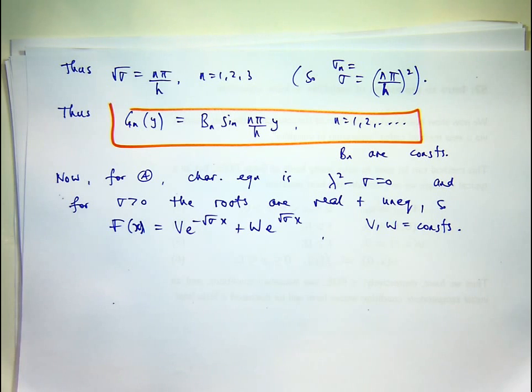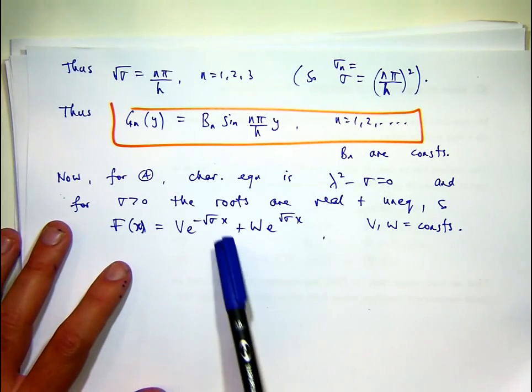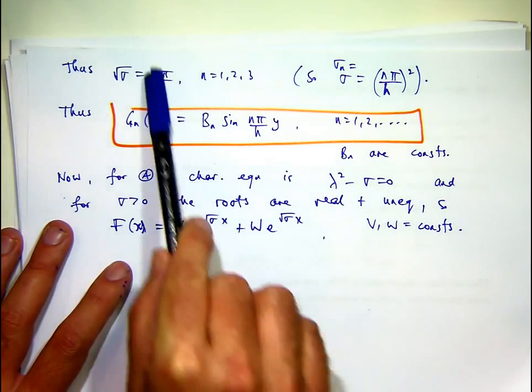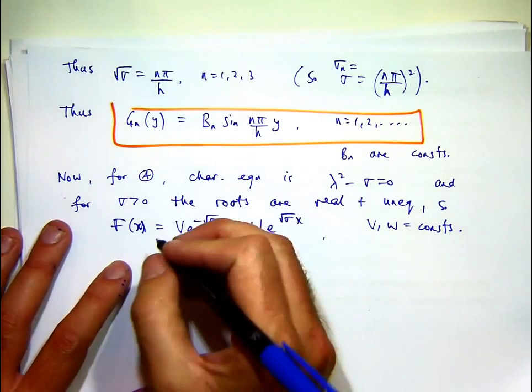So now what we want to do is find those constants, big V and big W. We need to use some information to determine them. Before we get to that, let's replace root sigma with this, because those are the cases that we're interested in.